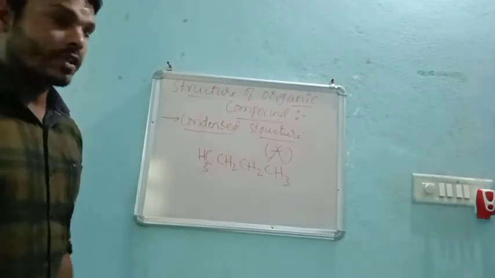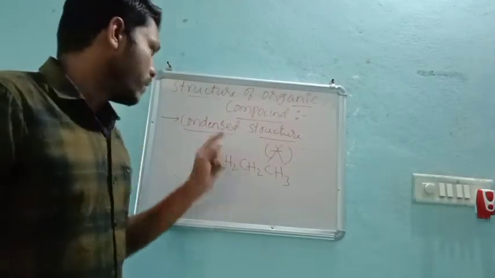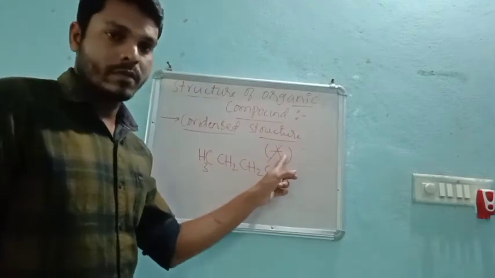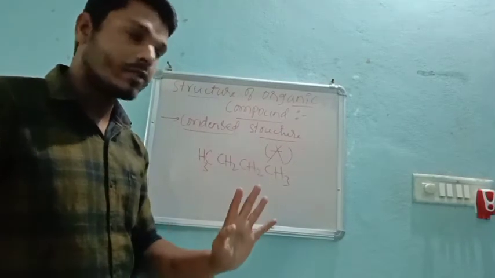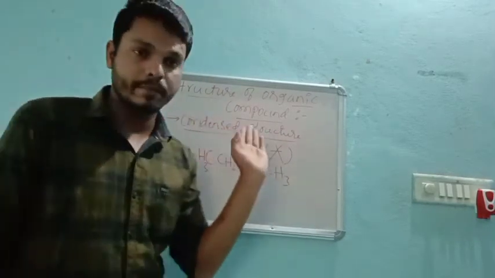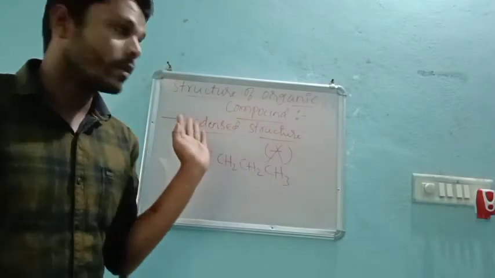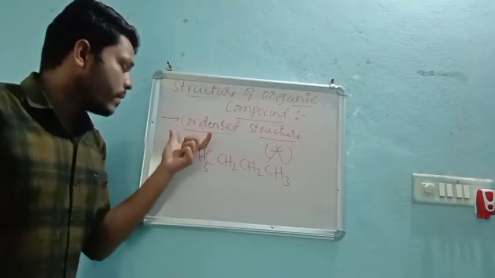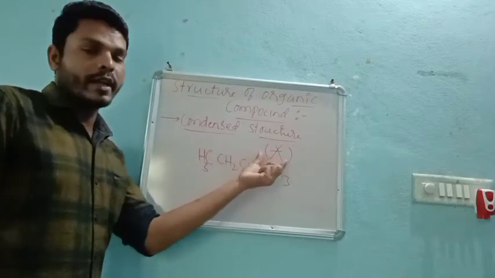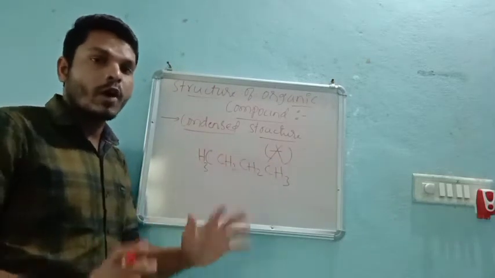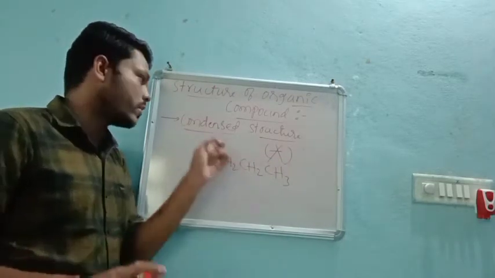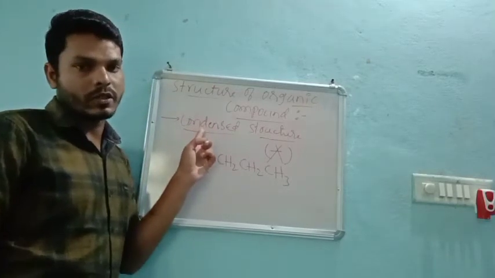In a complete structure, we used a dash. When we use a dash, those types of structures are called complete structures. But when we don't use a dash, the structure is called a condensed structure.